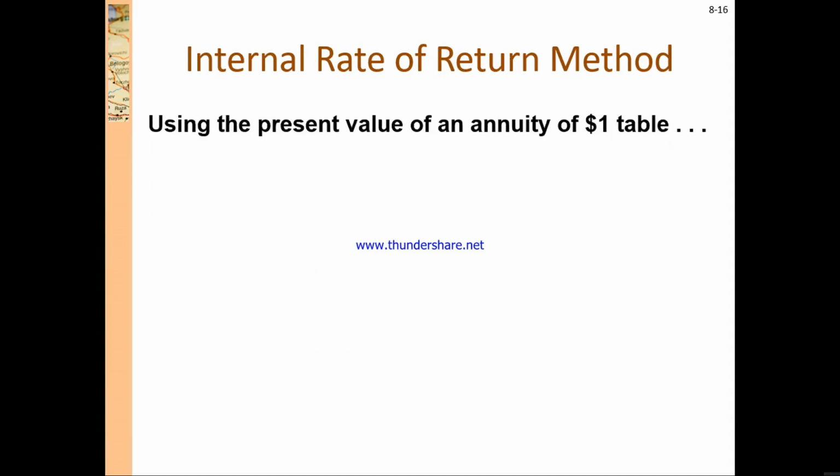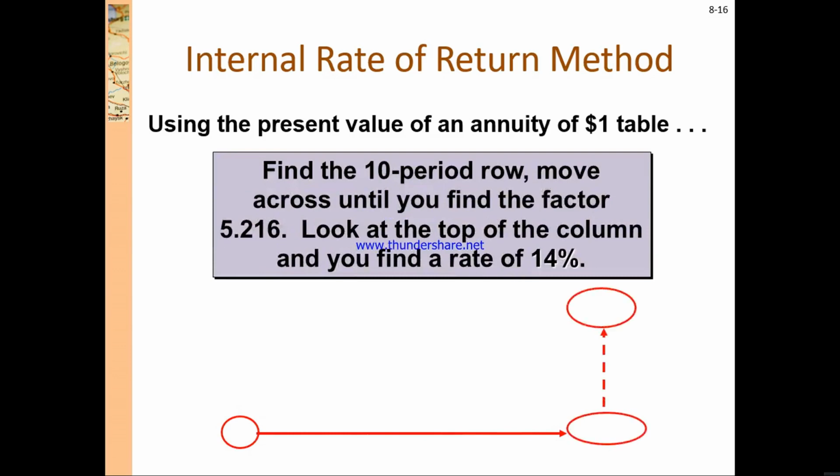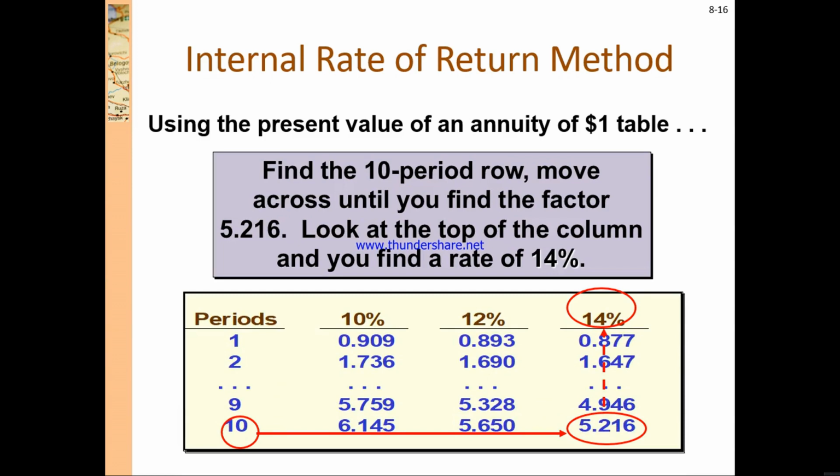By using the present value of an annuity of one table, find the 10 periods row and move across until you find the factor 5.216. That means by calculating present value factors at 14%, at the end of 10 years, the accumulated present value factor will be 5.216.